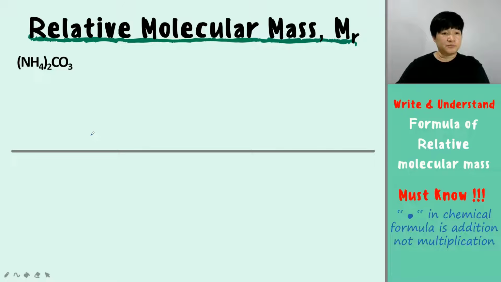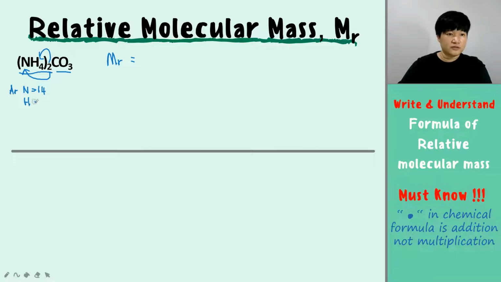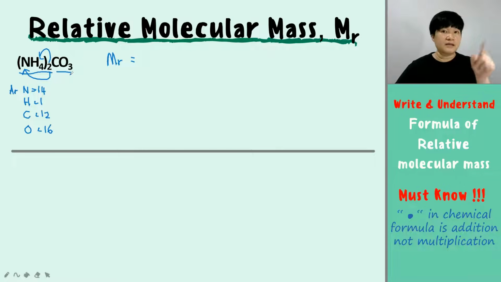Let's look into two examples. The first one, when you have brackets. When you have (NH4)2CO3, how do we calculate the relative molecular mass? You need to multiply in the 2, so you have 2 nitrogen and 8 hydrogen. The relative atomic mass of nitrogen is 14, hydrogen is 1, carbon is 12, oxygen is 16. So the relative molecular mass is the total of each of them.